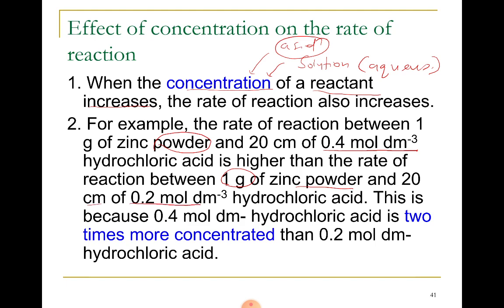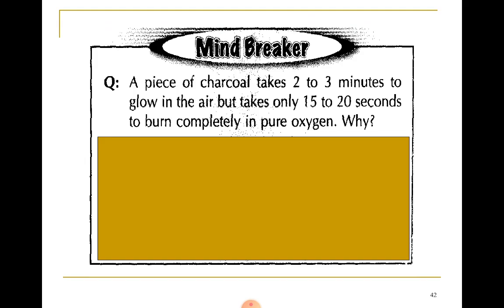Okay, for this one, experiment 1 we use 0.4 mol dm^-3 and experiment 2 we use 0.2 mol dm^-3 hydrochloric acid, which means experiment 1 has a higher concentration than experiment 2. This is because 0.4 mol dm^-3 hydrochloric acid is 2 times more concentrated than 0.2 mol dm^-3 hydrochloric acid.